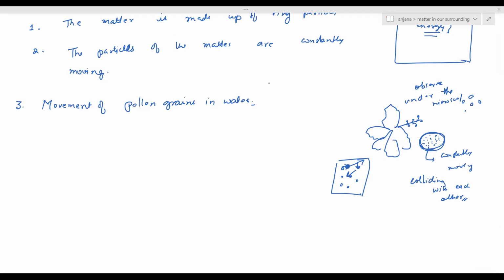Okay, so in this, write down movement of pollen grains in water. In this, write down the existence of Brownian motion.